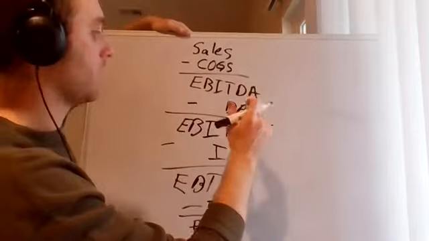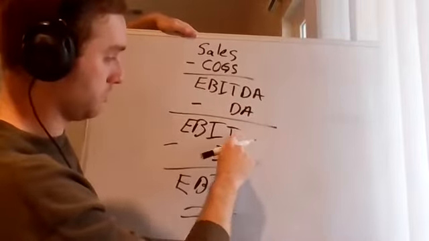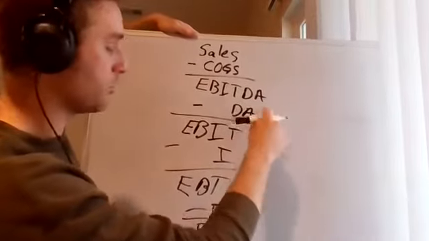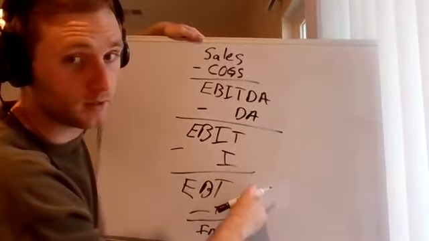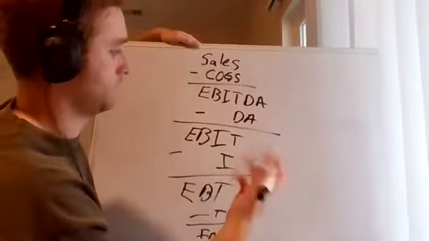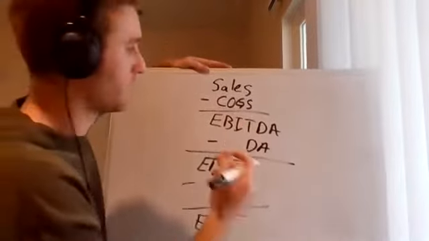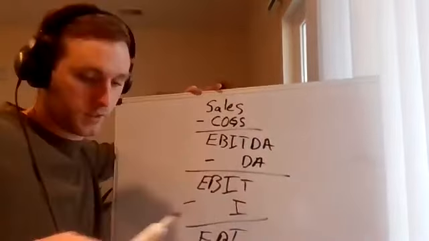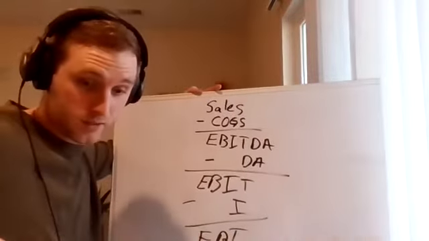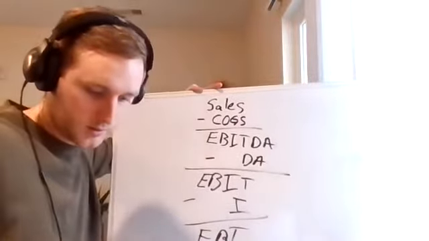You don't have to. Now, if somebody were to give you this number, you have to add depreciation back in and then subtract taxes. So he threw in some extra variables to mess with you. And that's just the absolute basics of an income statement.